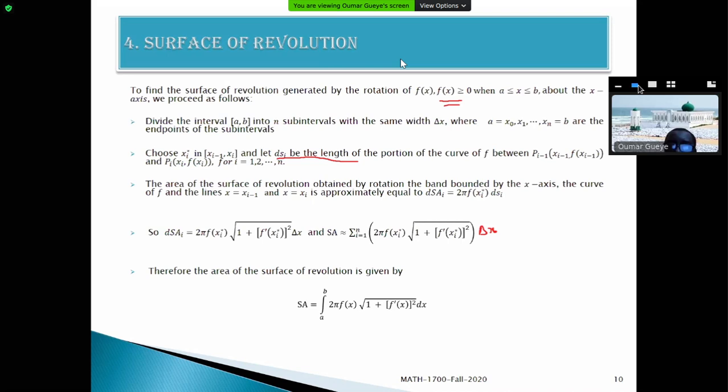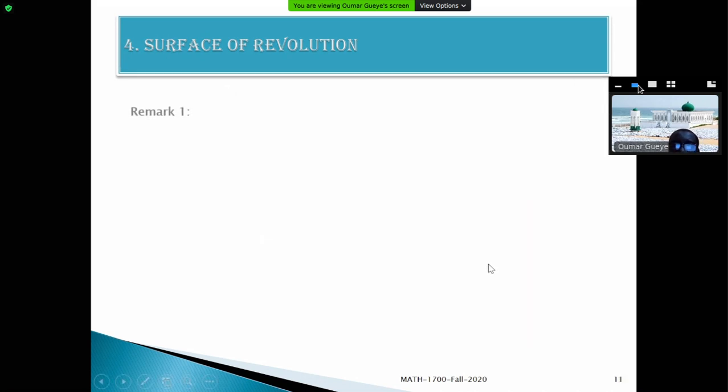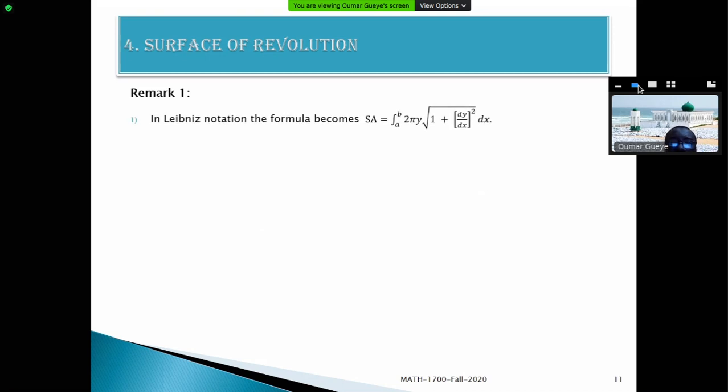All right. Now let's see the different cases, because the axis of rotation could be the x-axis or the y-axis, and the function could be in terms of x or in terms of y. In Leibniz notation, the formula becomes exactly this, the same as the previous formula, just expressed in terms of x and y only.